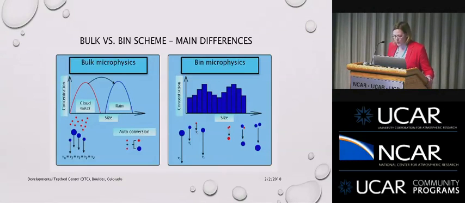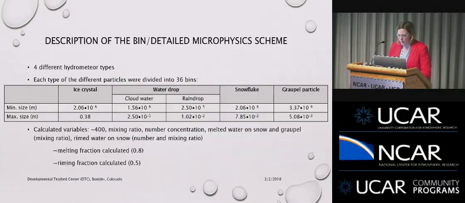The advantage of this description is that we are able to describe the size-dependent terminal velocity and also a correct description of collision-coalescence effects between the particles. The disadvantage of the bin schemes is that they are really expensive to use in weather prediction models.